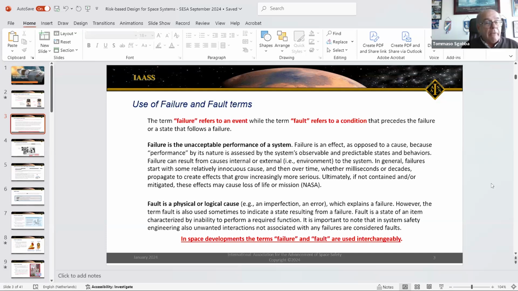In particular, failure refers to an event, while fault refers to a condition. The condition could exist before the failure, a software fault for example, or could be the result of a failure. So after a failure, there is a fault condition of a system.